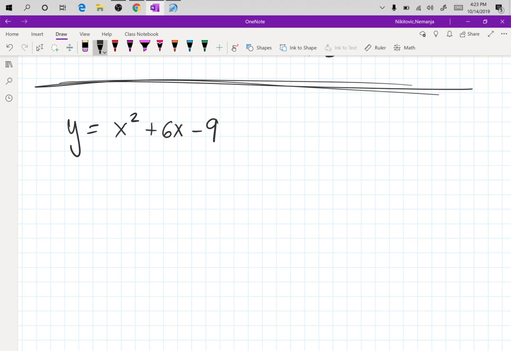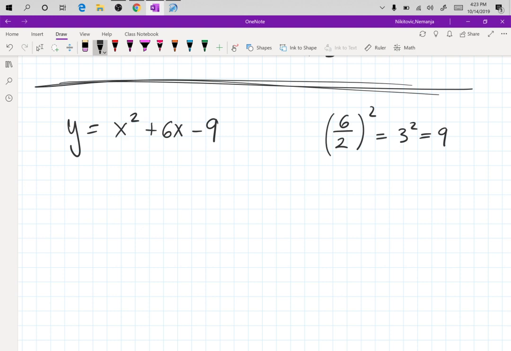Completing the square, guys, it's going to give you the form that has the vertex in it. If you complete the square on this one, you get, or you can use the vertex negative b over 2a to calculate the vertex, but if you complete the square, you have 6 divided by 2 squared, which is 3 squared, which is 9.